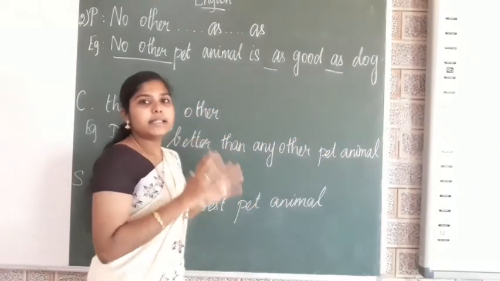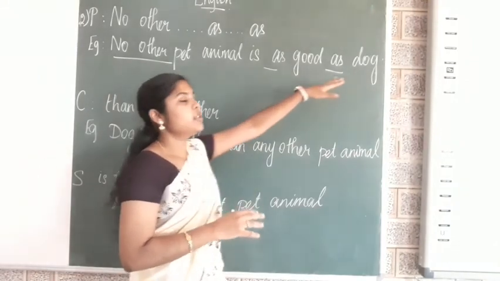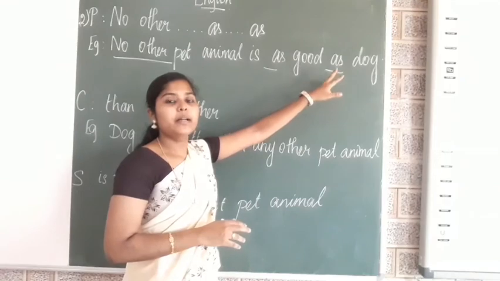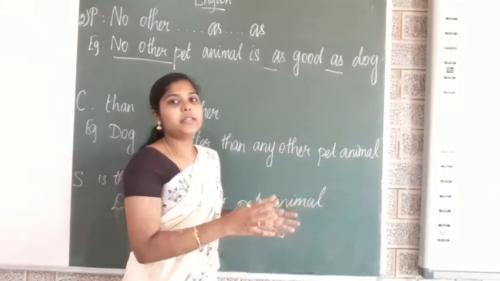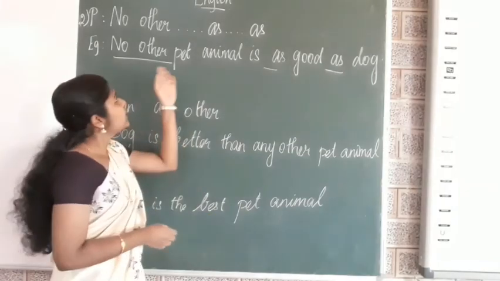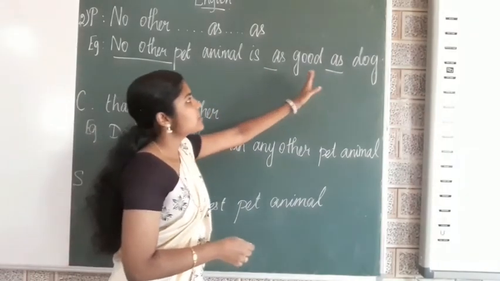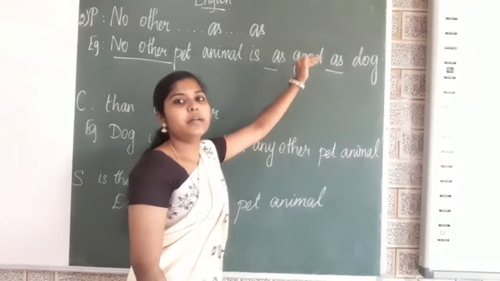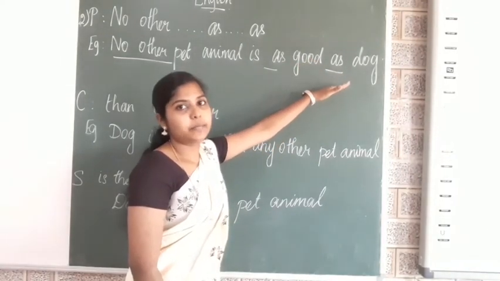Here we are saying we are not comparing this dog with any other thing. We are not comparing the dog with cat or rat or rabbit. Okay. Here no other pet animal is as good as dog. This is a positive form of sentence.